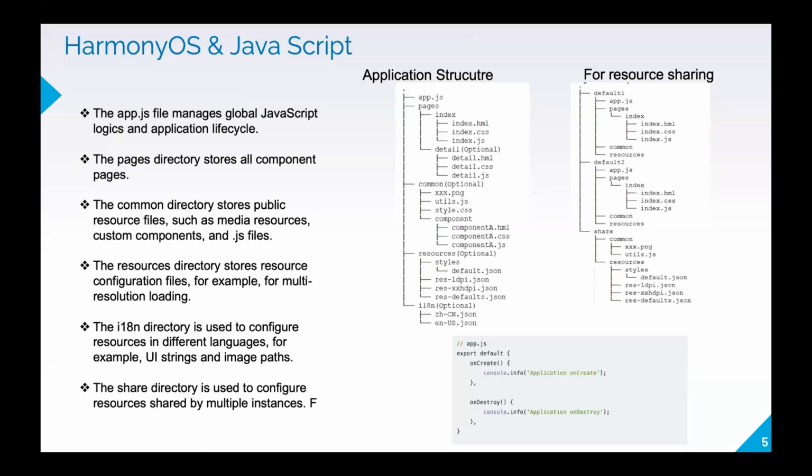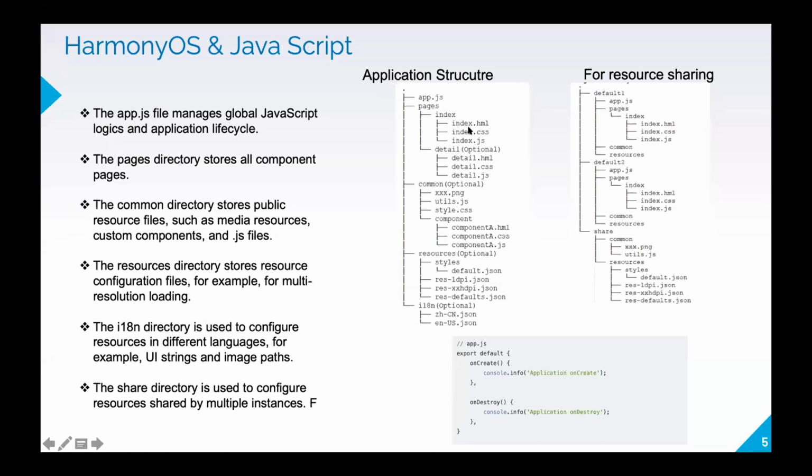And we have the pages directory where you keep your application pages, like your application screens. For example, here they have two screens, index and detail. All the resources required for the index screen and for the detail screen, you will have in the files inside this folder.